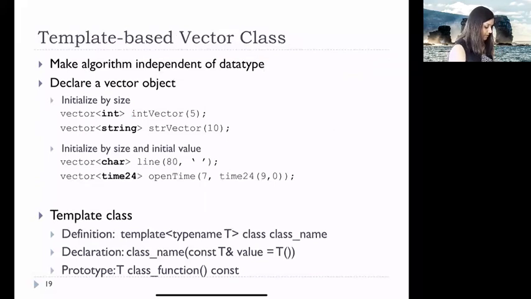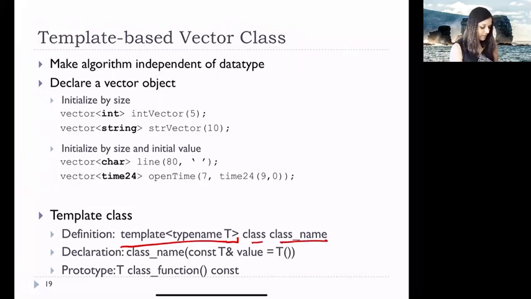Template based vector class. Now we already looked at templates, right? How templates are useful in giving us freedom from sticking to one particular data type. What is a template based vector class? If you're using a template based vector class, you need to follow some strict template definition requirements like template typename T, then your class name, as we just looked at while discussing classes.